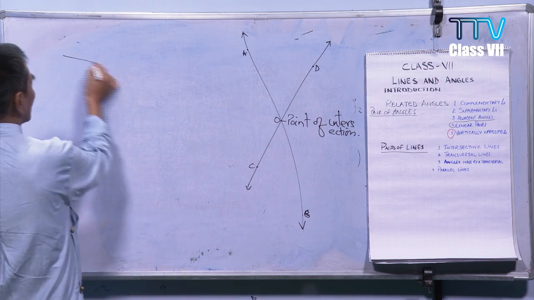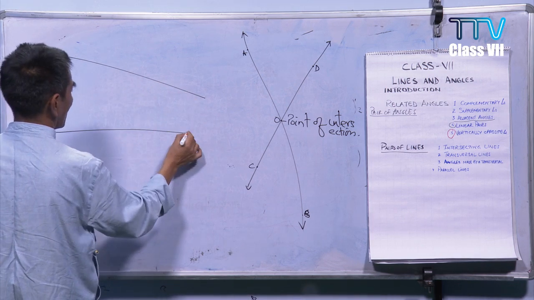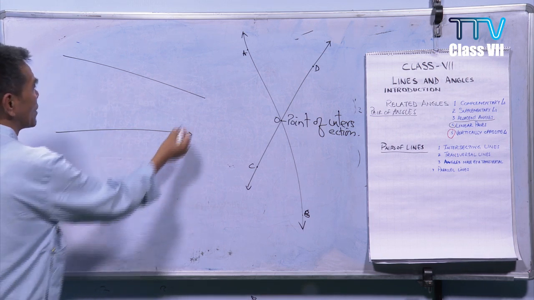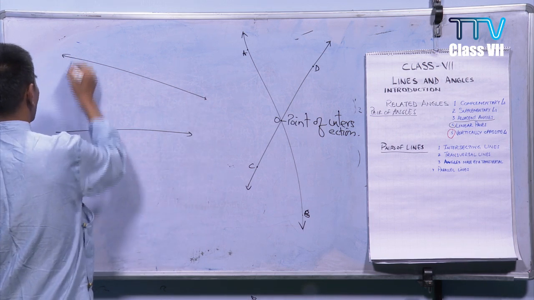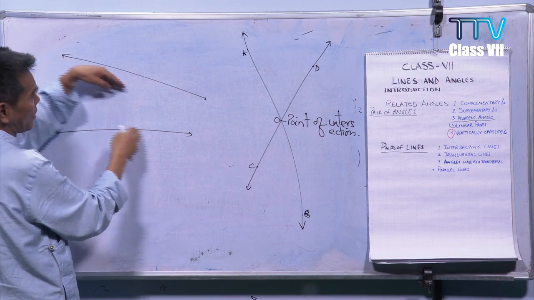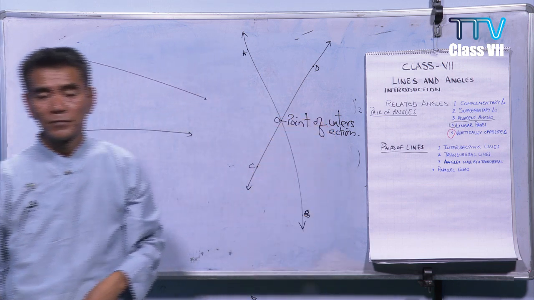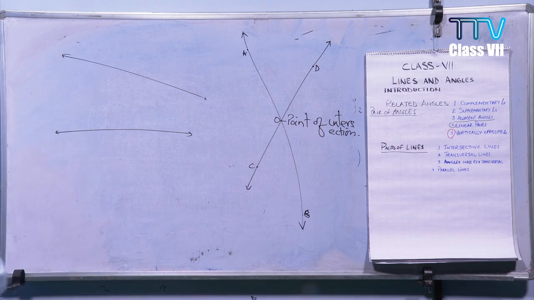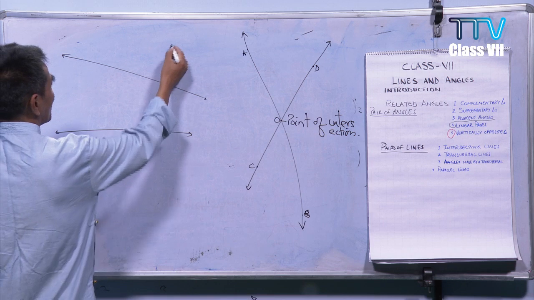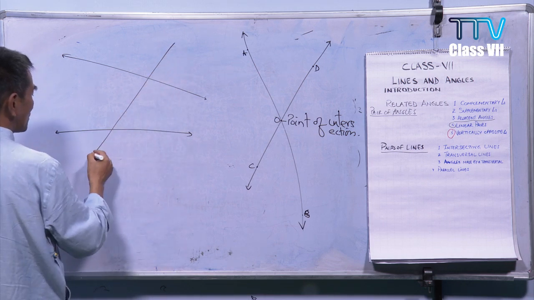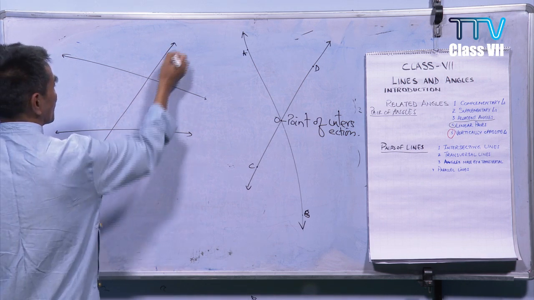Let's say there are two lines, and they intersect over here. Now, when these two lines are cut by another line, that cutting line is the transversal.